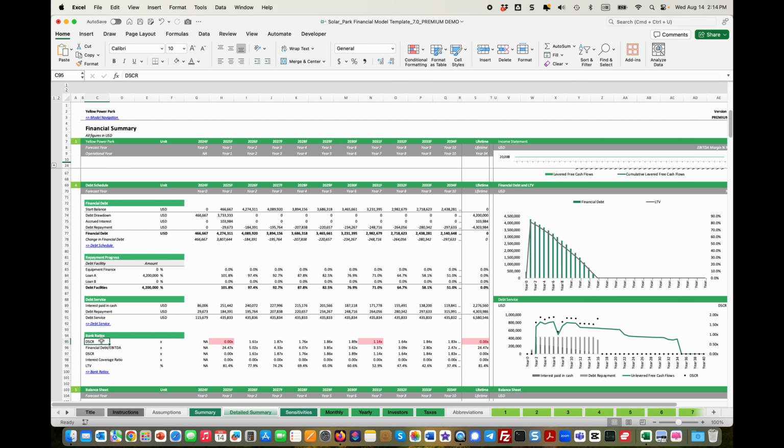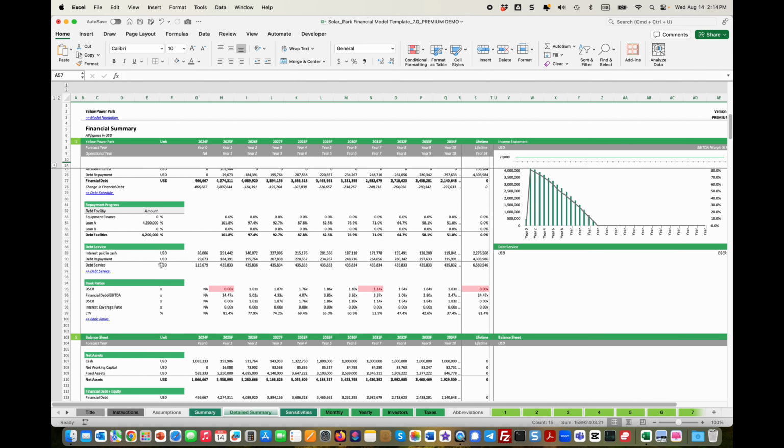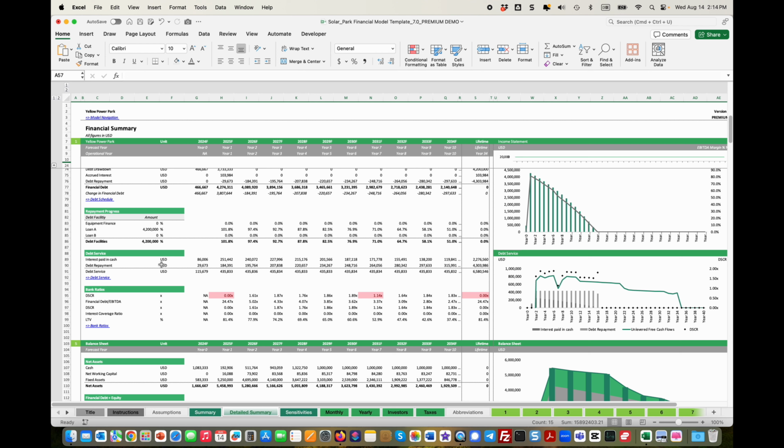Debt service coverage ratio basically tells you, you have debt to service consisting of interest and principal repayments, and what we calculate here is the free cash flow of the project, which is this line item here. How many times does it cover the debt service? And you can see here is one year where it gets very tight.